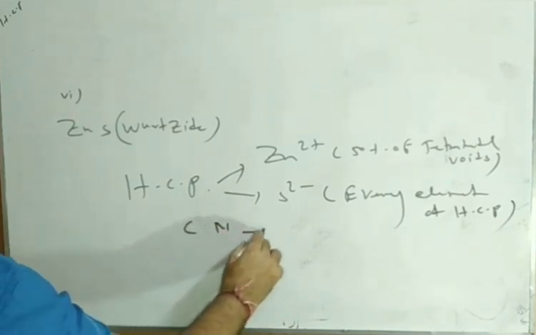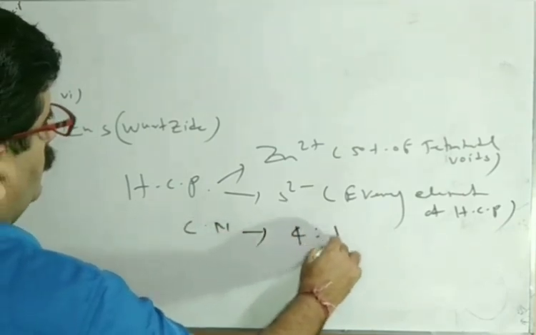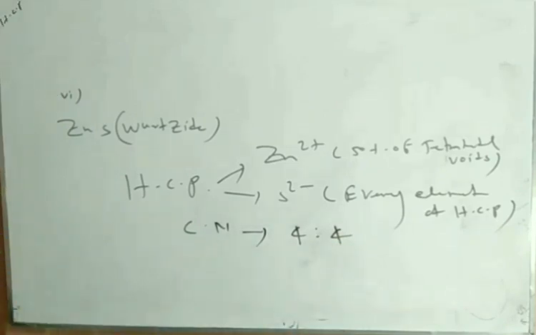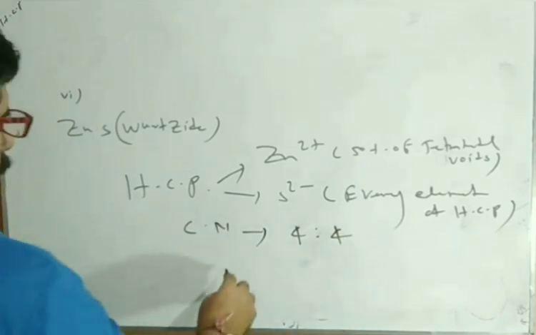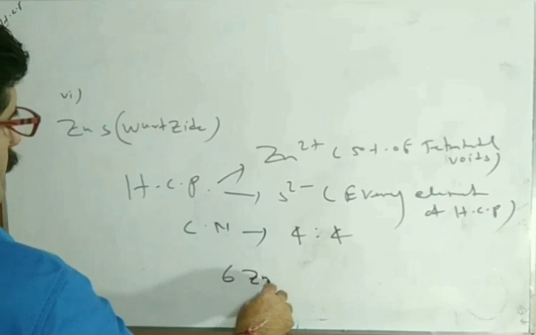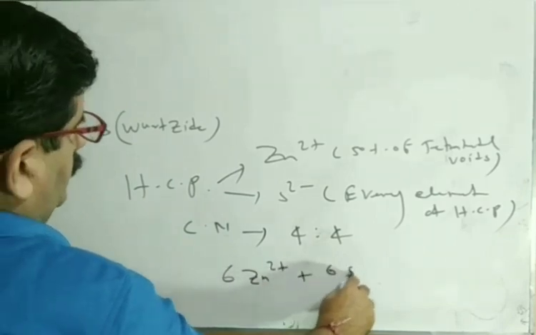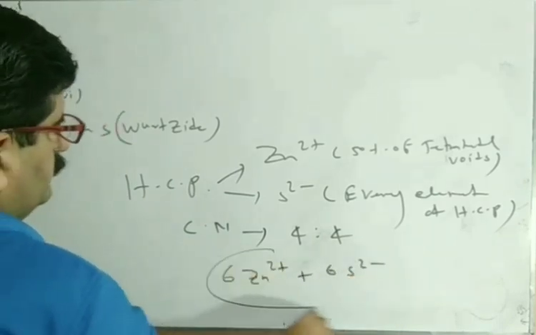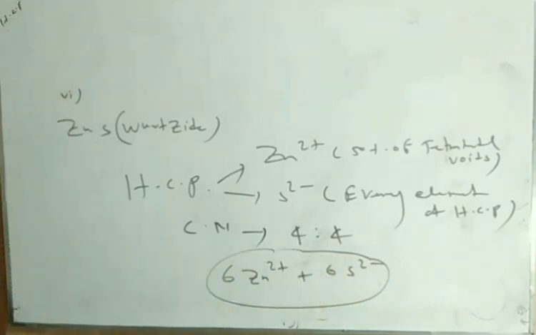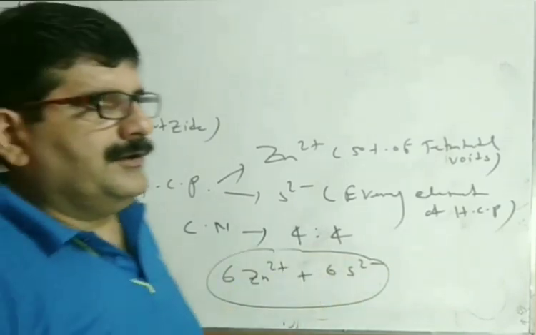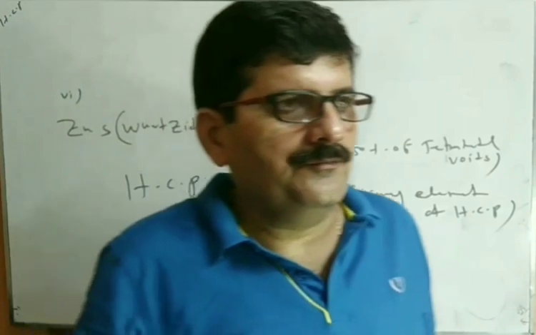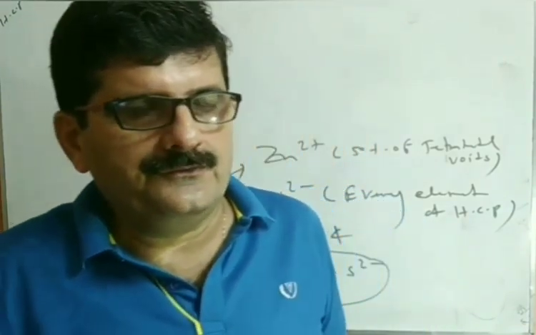Coordination number ratio 4:4. And in addition 6 Zn 2 plus and 6 S2 minus. And examples are similar to the previous ZnS.